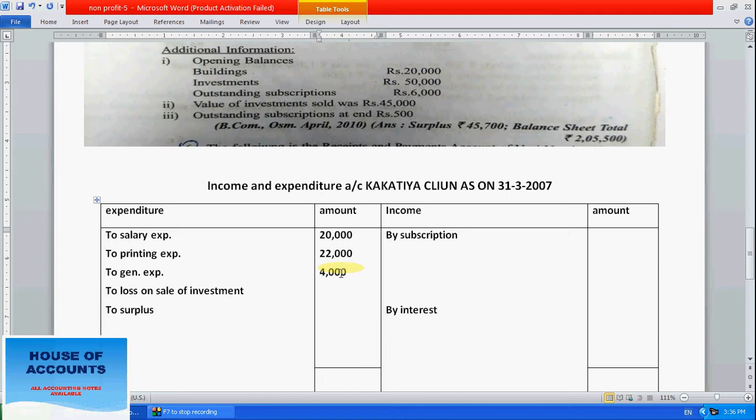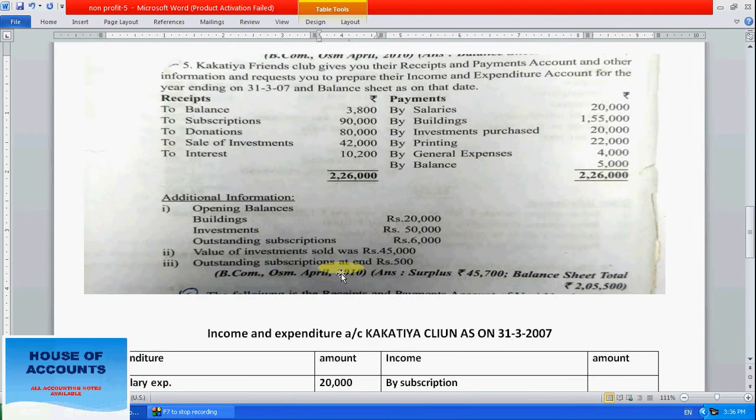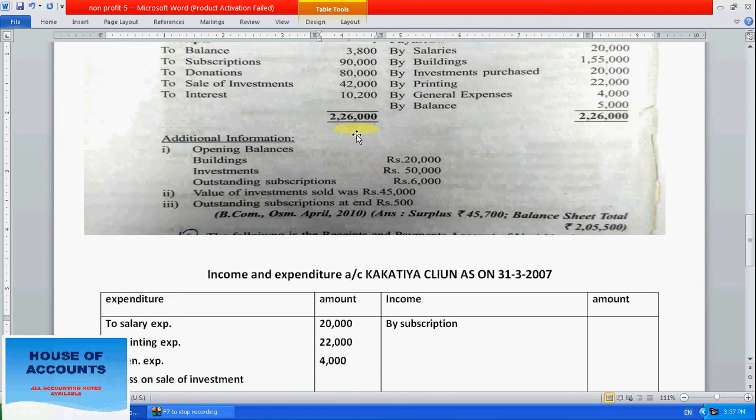Next after general expenses, see, this balance is the closing balance and this balance is the opening balance. This is known as cash, because receipt and payment is also known as the cash account. So opening and closing. Subscription is income. Balance is the opening cash balance. Subscription, how much? 90,000 received.